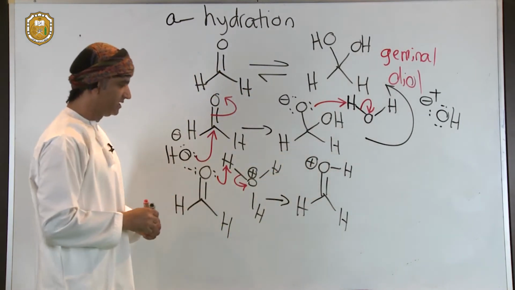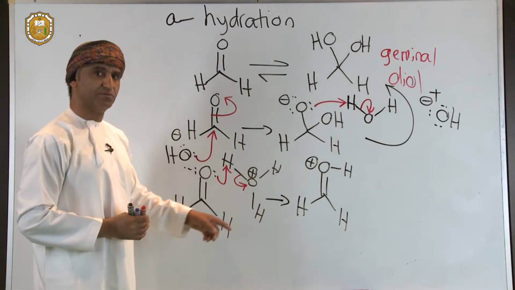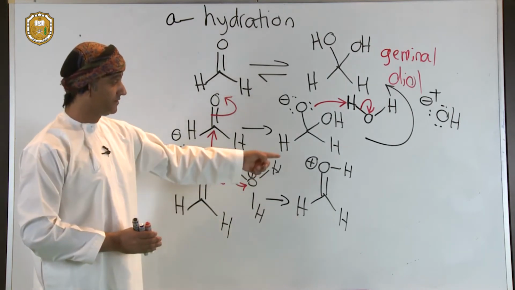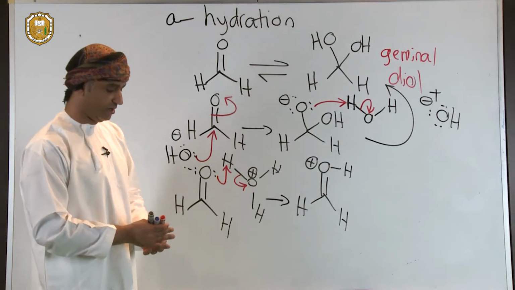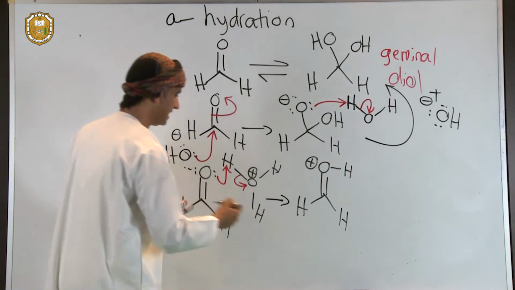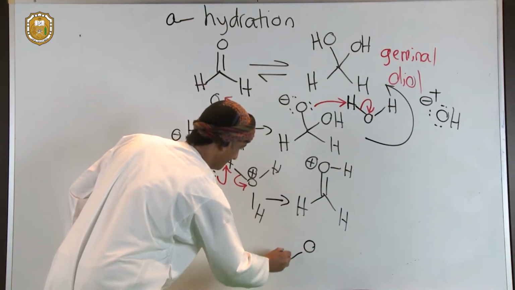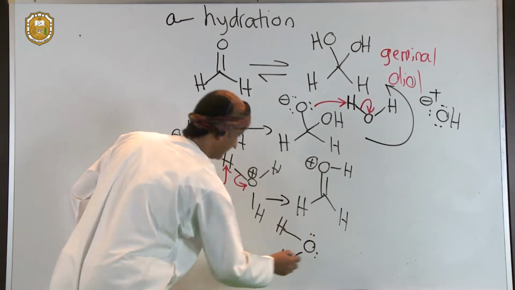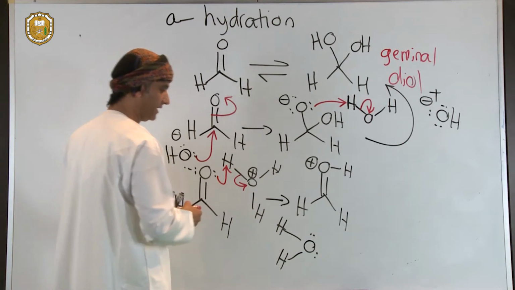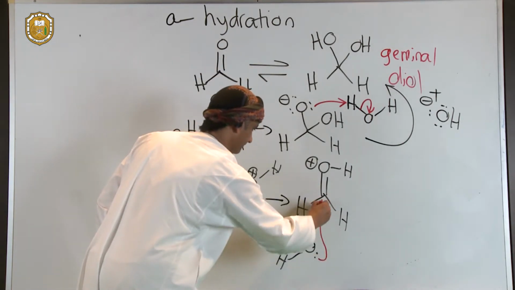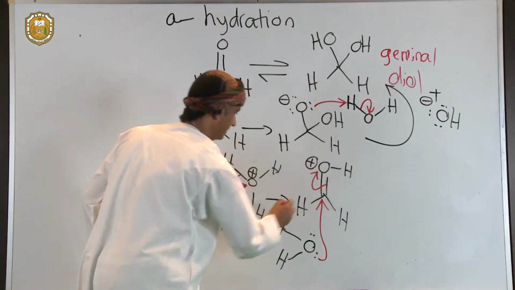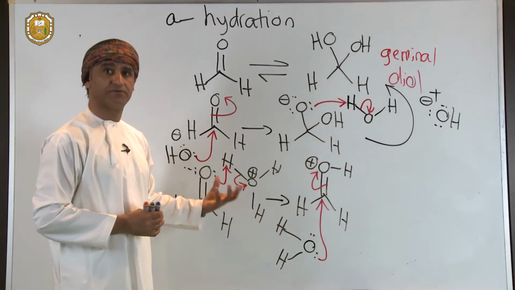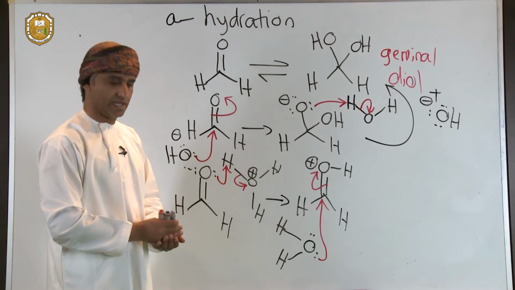Now this protonated formaldehyde is actually more electrophilic at carbon of the carbonyl group because of that positive charge on oxygen. Now what happens is that water will come and attack that electrophilic carbon like that. So this is again a nucleophilic addition on the more electrophilic carbon of the protonated aldehyde.